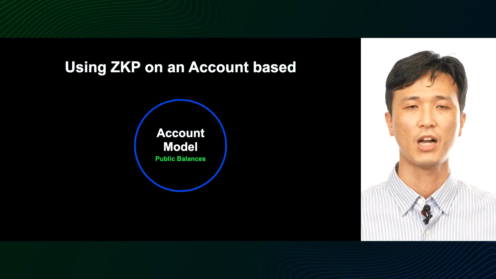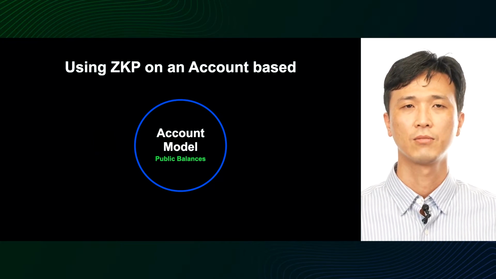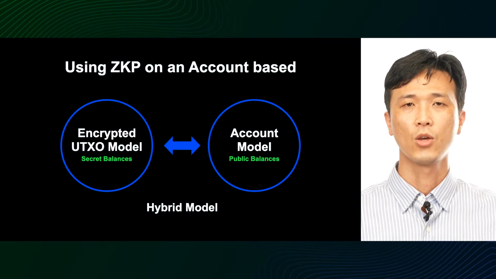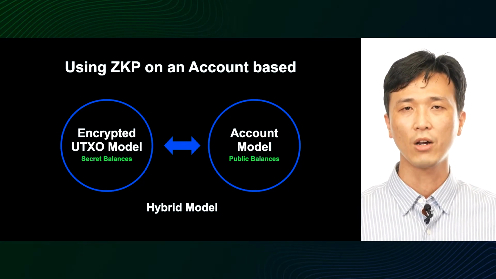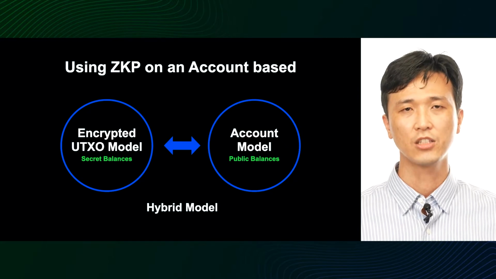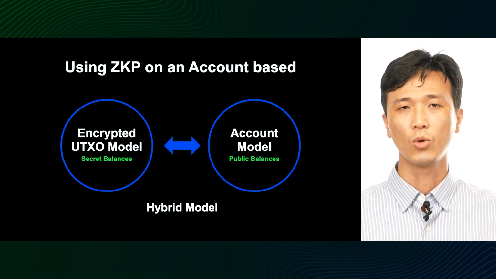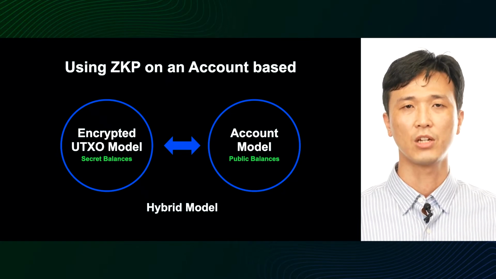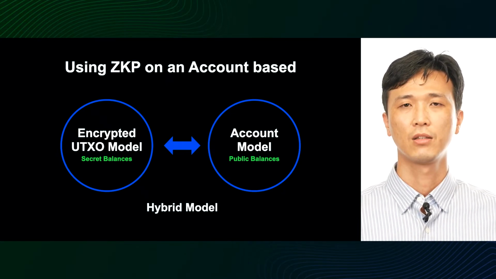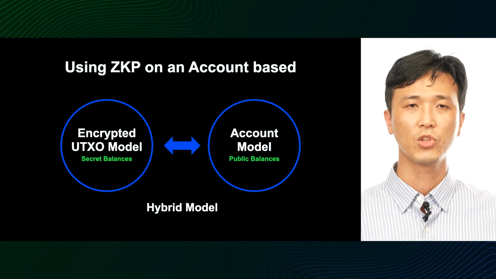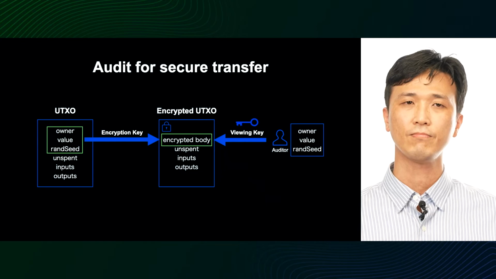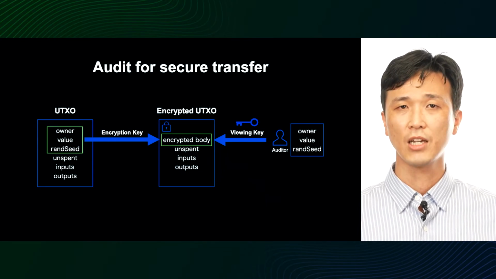But it was not easy to implement this with Pedersen commitment. So after a lot of thought, we decided to use a hybrid model that uses the UTXO model for balance used in secure transactions without changing the public transactions, and the account model for balance used in public transactions. So we made it possible to use both the advantages of the account model and the advantages of the UTXO model.